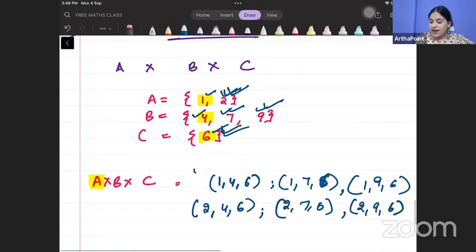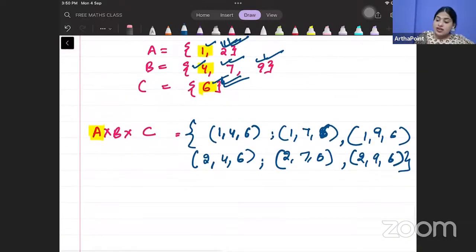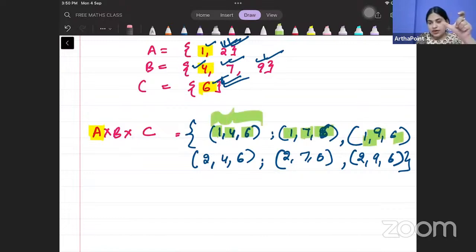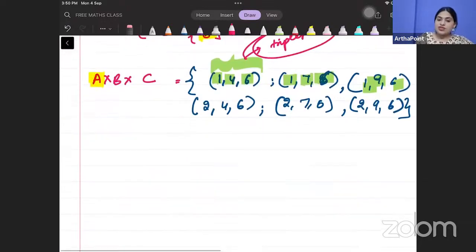So order has to be maintained. What is my order? The first element should be of A, then B, then C. A, B, C, A, B, C. And there are 3 elements in one bracket now, so it is called a triplet. Clear? Okay, next question, please.